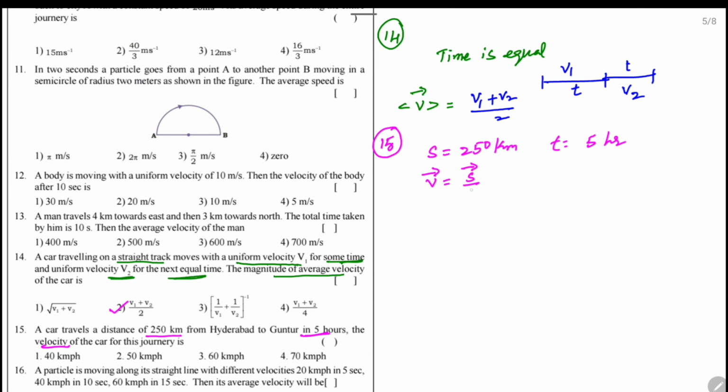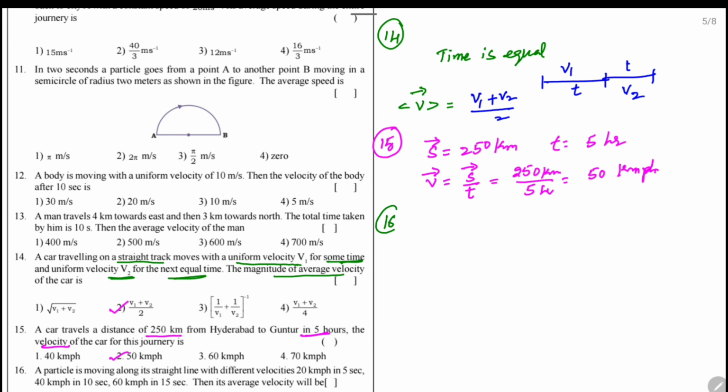Here I am taking displacement by time. As it is given distance, let's assume the body moves in a straight line, so distance and displacement will be same. So which is 250 kilometer divided by 5 hour, which is 50 kilometer per hour. So the answer is 2.